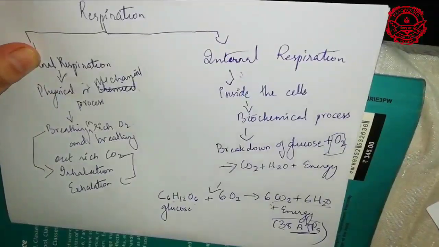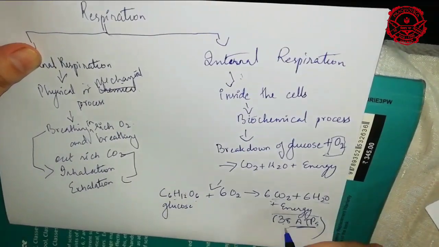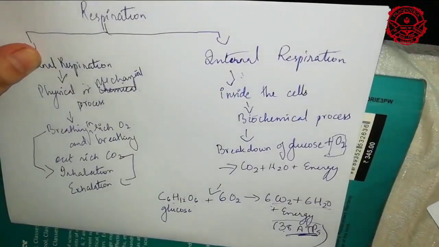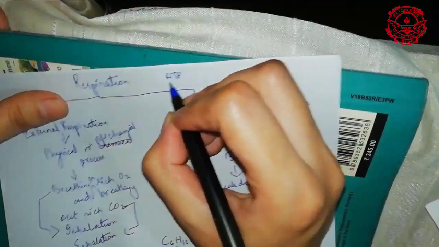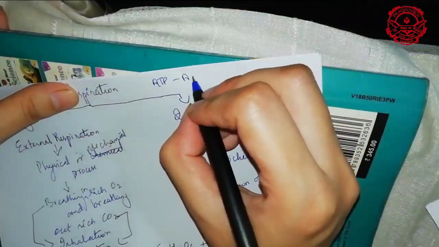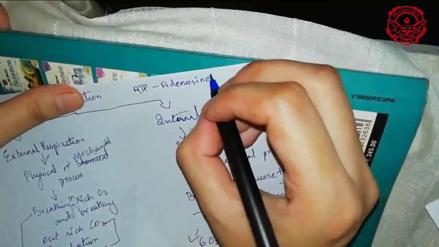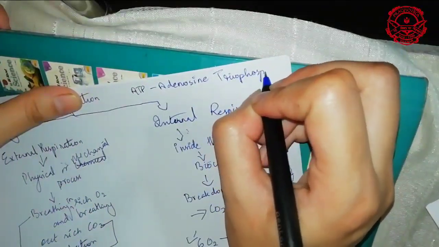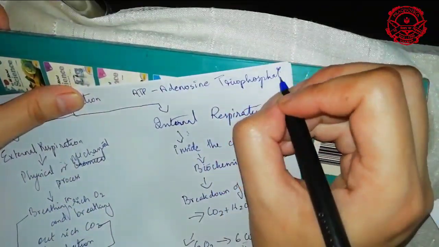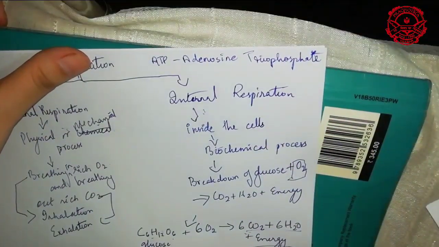What is ATP? The energy that is released comes in the form of ATP. The full form of ATP is adenosine triphosphate.